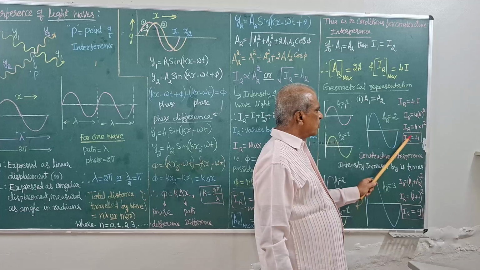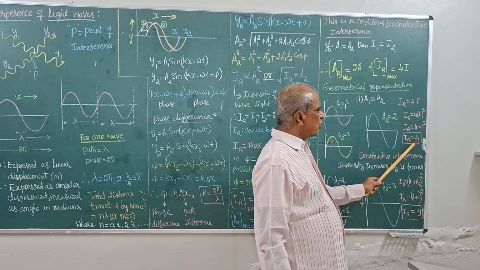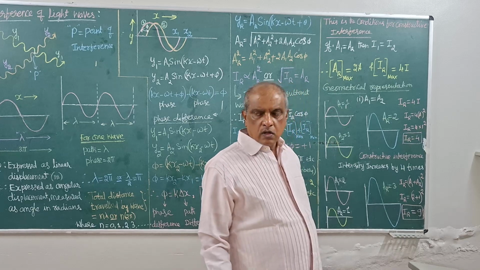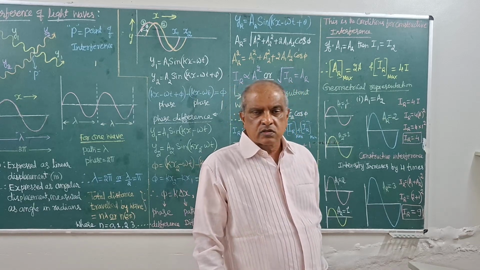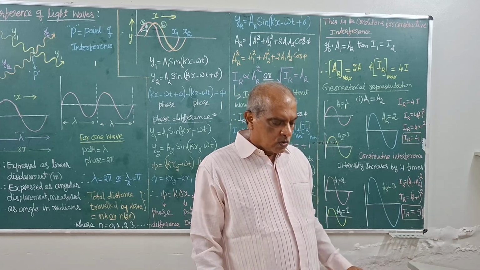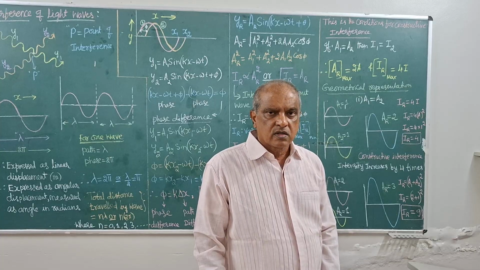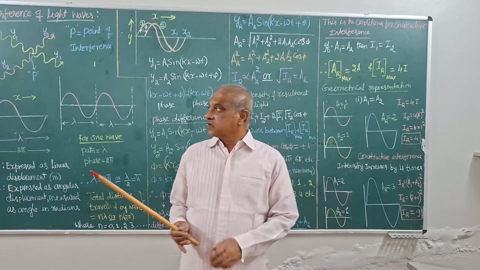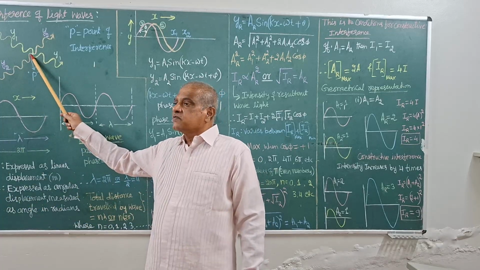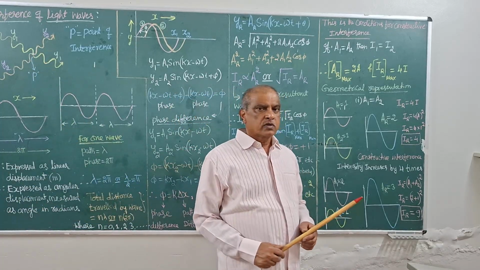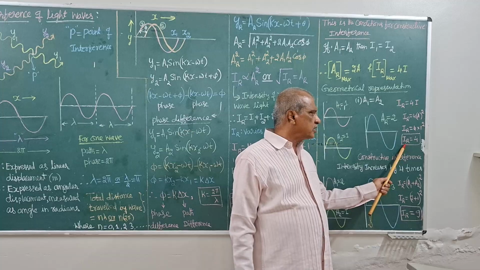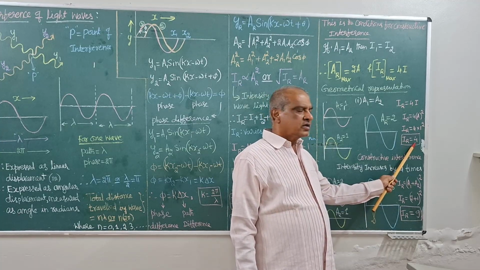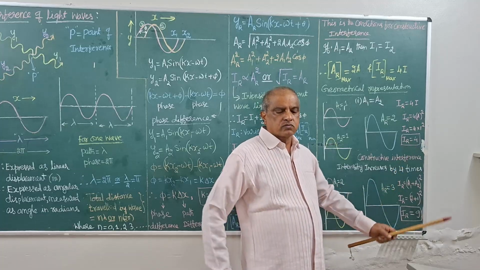This whole square equals 4. Intensity increased by 4 times. Just imagine that if the amplitudes are the same and they undergo constructive interference, the intensity of the light in the interference increases by 4 times. That gives constructive interference or bright fringe. Why does it become bright? Intensity increased by 4 times.